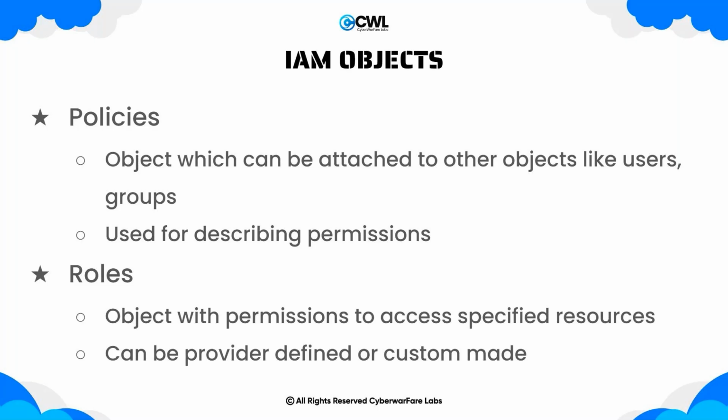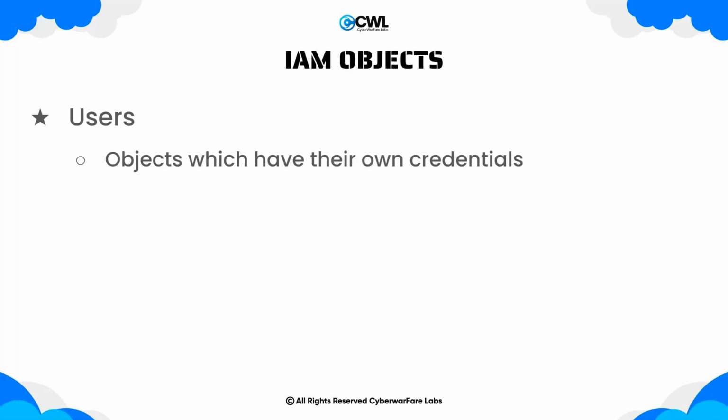Let's look into the third object, which is the users. So users are the IAM object which have credentials, or which can authenticate with the credentials. Now, we talked about these credentials before, like username, password, access keys, tokens, service account, and whatnot.